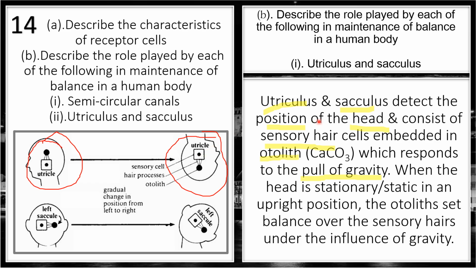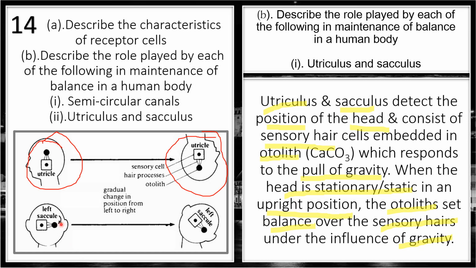So when the head is moving, the sensory hair cells embedded in the otolith respond to the pull of gravity. When the head is stationary, in the upright position, the otolith sits balanced over the sensory hairs under the influence of gravity.